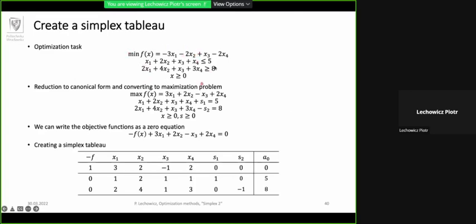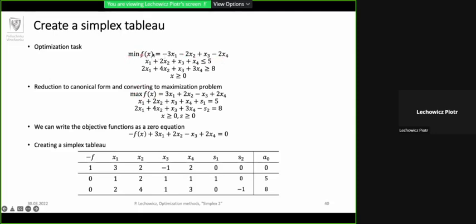So we have an optimization task. We are reducing it to canonical form, so we need to introduce 2 additional variables to convert inequality constraints to equality, because here we have lower or equal, then we are adding an additional variable. Here we have greater or equal, so we are subtracting the additional variable. All the variables are greater or equal than 0. We convert the problem to a maximization problem, so we are multiplying our original problem by -1.